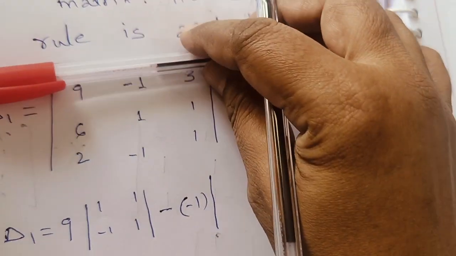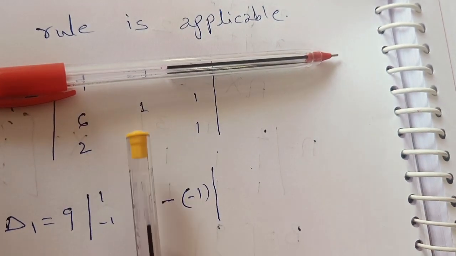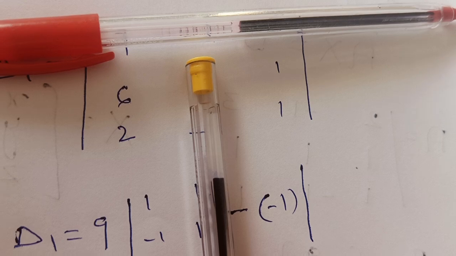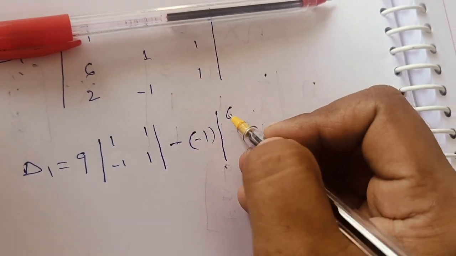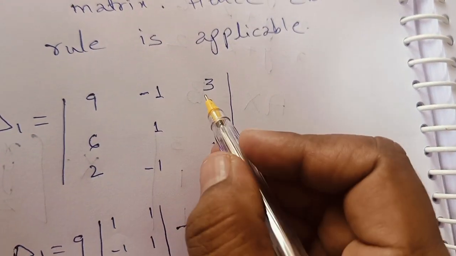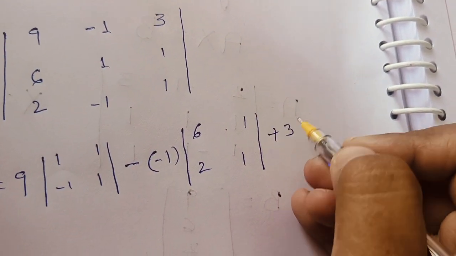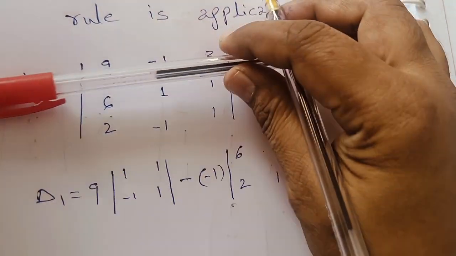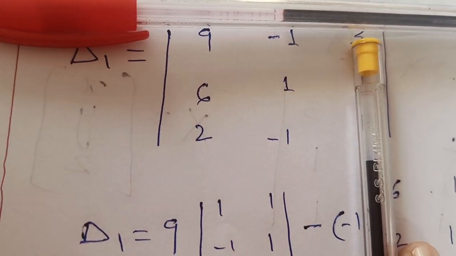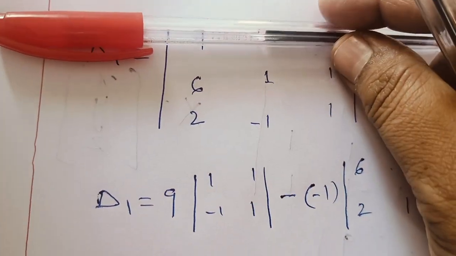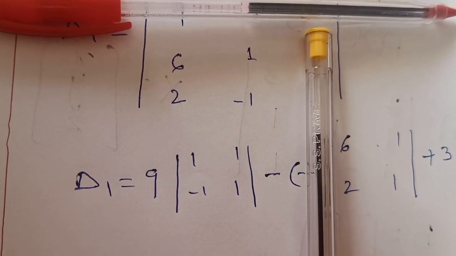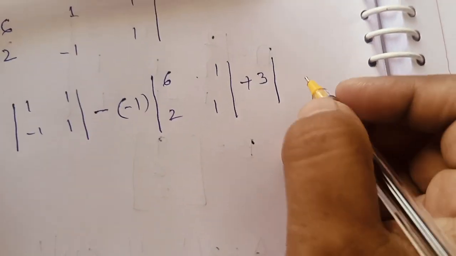Now this one is lying in the first row and second column. Hide this row and column. We get 6, 1, 2, 1. The third term is 3. Hide first row and third column. Here we get 6, 1, 2, minus 1.